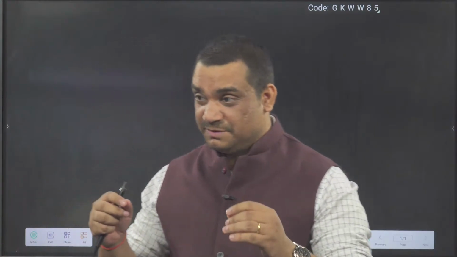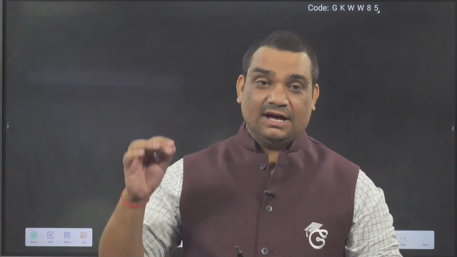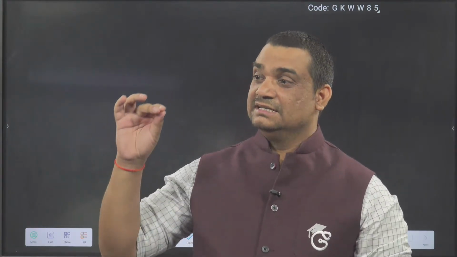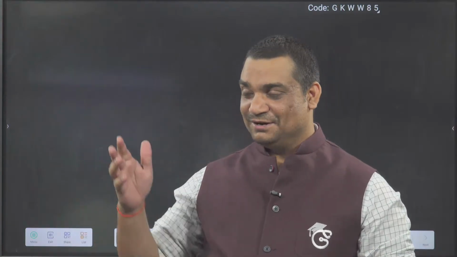And whenever you are using theta equal to arc by radius, theta must be in radian. Make this habit that whenever we are using theta equal to arc by radius, theta must be in radian.